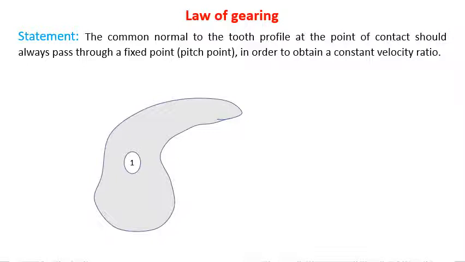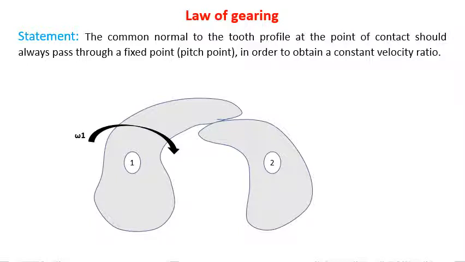This is curved body number 1 and this is curved body number 2, rotating about their centers O1 and O2, and contacting at this point.